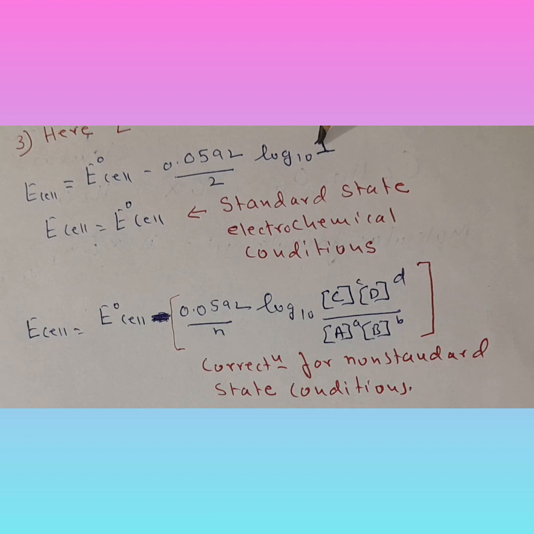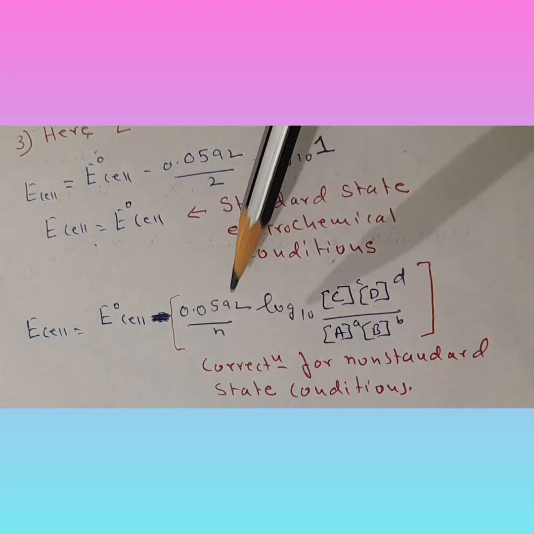We know log 1 is 0, so this entire factor disappears, and we end up with E0 cell. I just wanted to give an example, an evidence rather, that if we take concentration as 1, then this factor disappears.